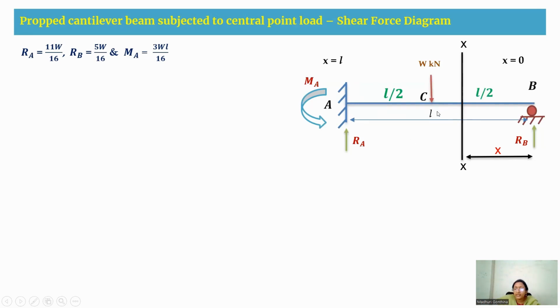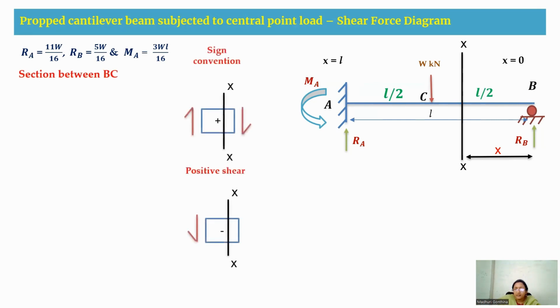So here we have to cut the section two times. One segment is the BC section, another is the AC section. First we consider the section to be in BC. This is the sign convention for the shear force.